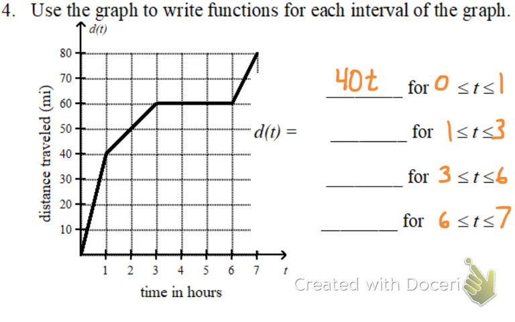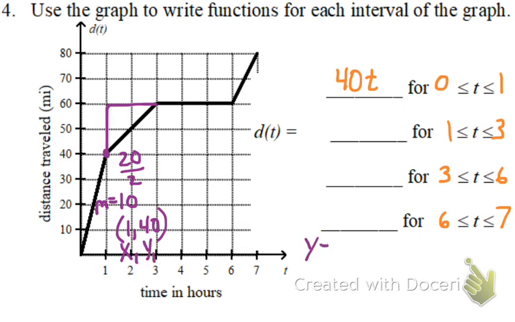For the next part, our rise is 20, our run is 2. So 20 over 2 simplifies to 10. So our slope is 10. If we use the leftmost point, that'll be (1, 40). So that's going to be my x sub 1, y sub 1.